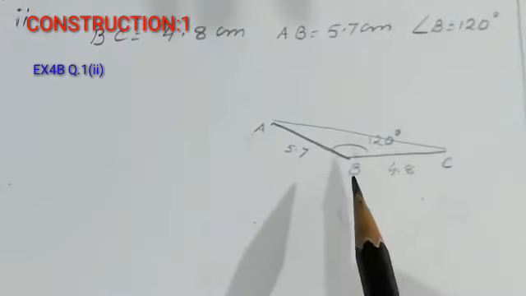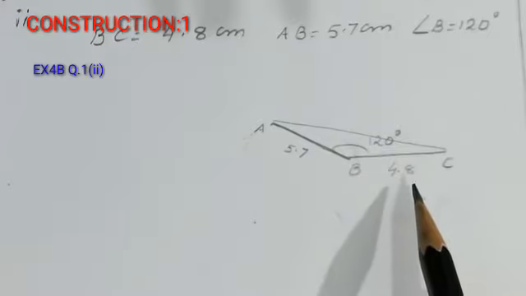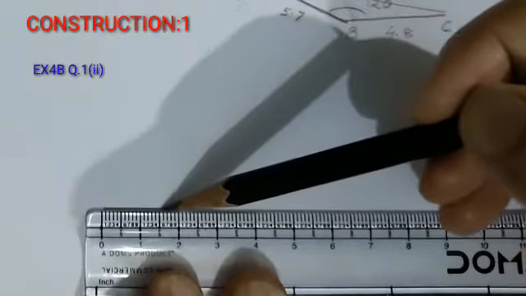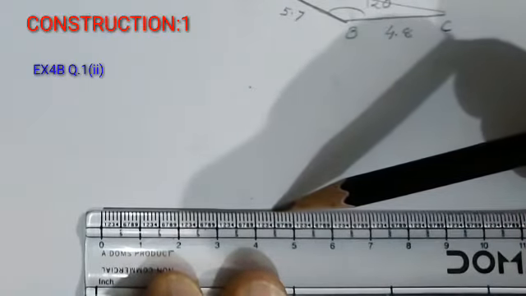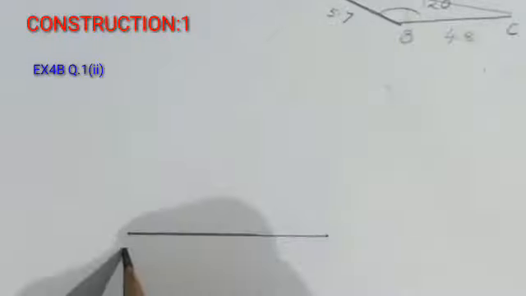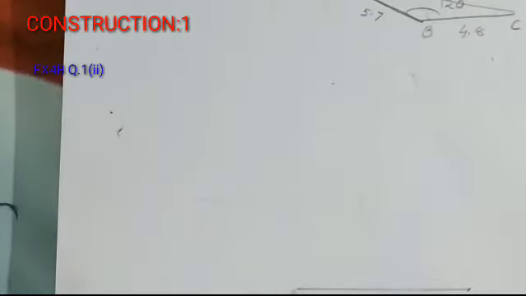So from here we get the first step as draw BC equals 4.8 centimeter. So let's move to the first step. 4.8 centimeter. Step 2, at B, draw an angle of 120 degree.